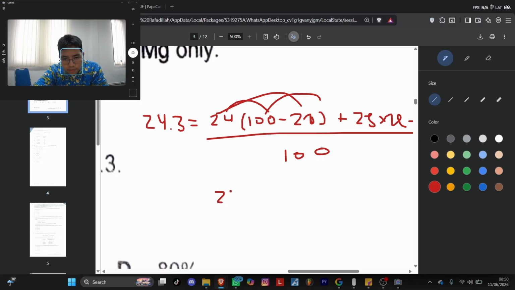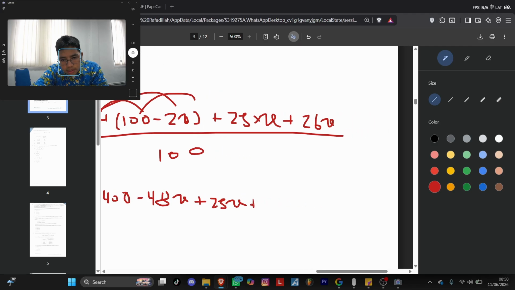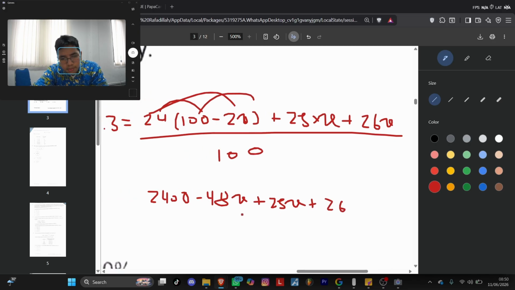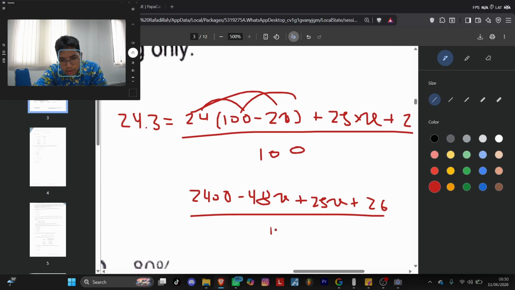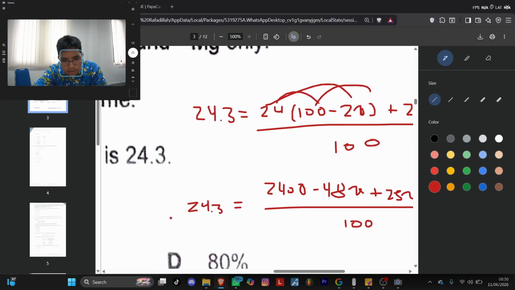So 2400 minus 48x, plus 25x and plus 26x, over 100 equals 24.3.